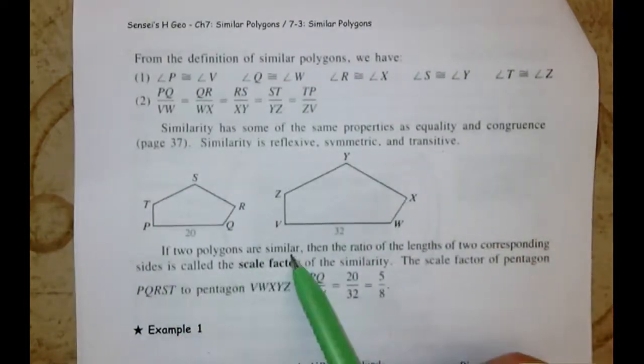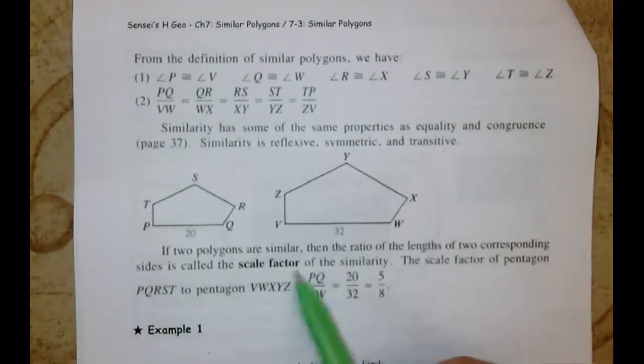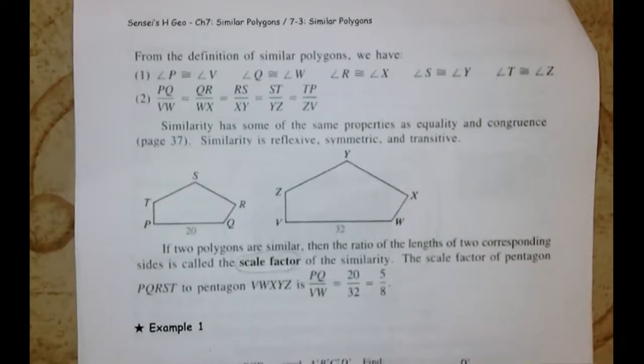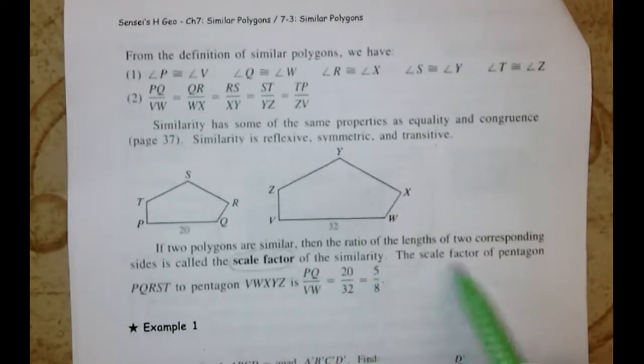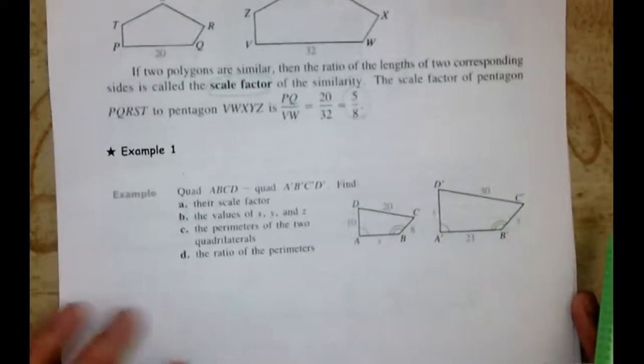If two polygons are similar, then the ratio of the lengths of two corresponding sides is called the scale factor. There are other names: similarity ratio, scale ratio of the similarity. The scale factor of the pentagons is 5/8, like we were just talking about. Alright, so example 1.